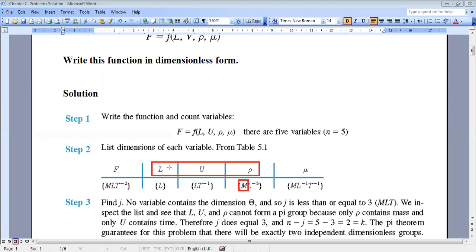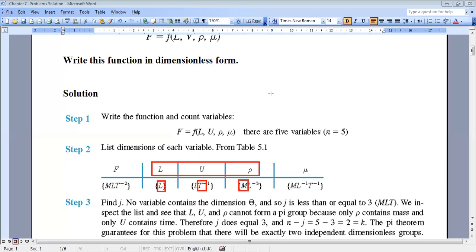If you do any combination with U and L, you cannot cancel M, because M is only present with rho and is not in U and not in L. Now, the variable T is only present in u. So if I do any combination with L and rho, I cannot cancel T. And finally, if I take L with u and rho, I cannot form any group.